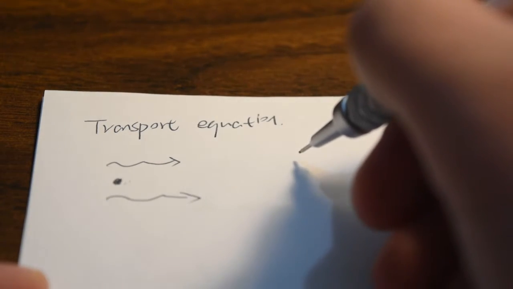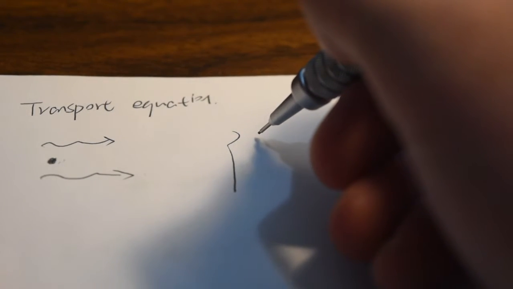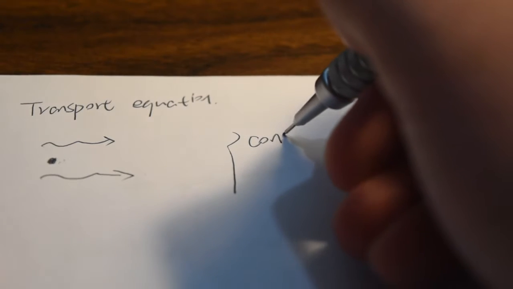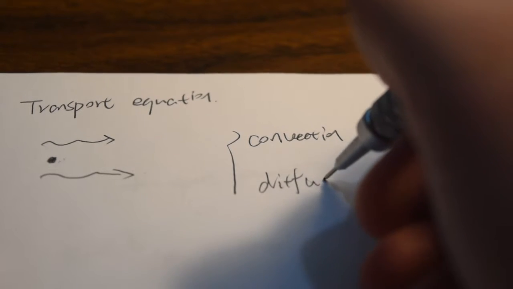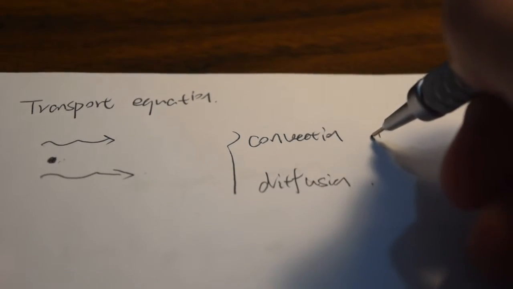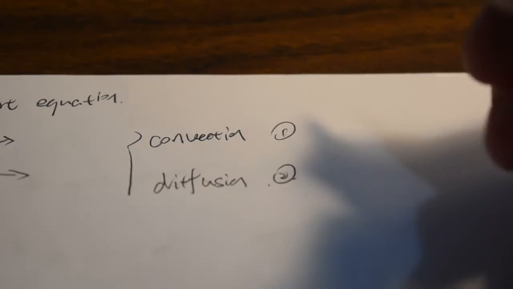The transport equation can be divided into two movements. The first one is the convection, and the second one is the diffusion. These two combined make the transport equation.